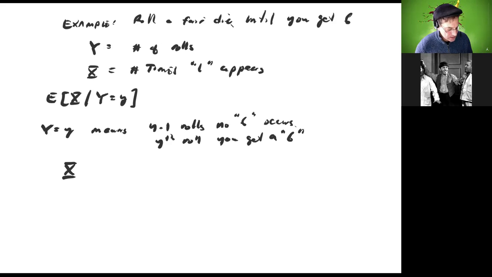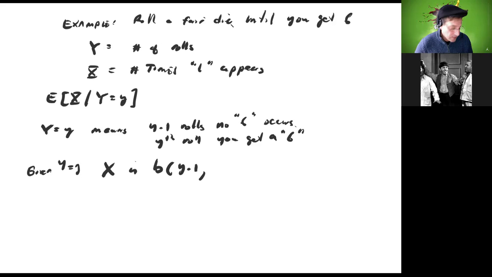So given that y equals y, x is a binomial random variable of type y minus 1, because the number of times 1 appears must come from the y minus 1 rolls, since the last roll is a 6.